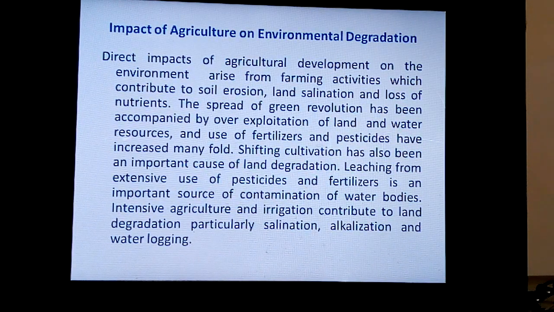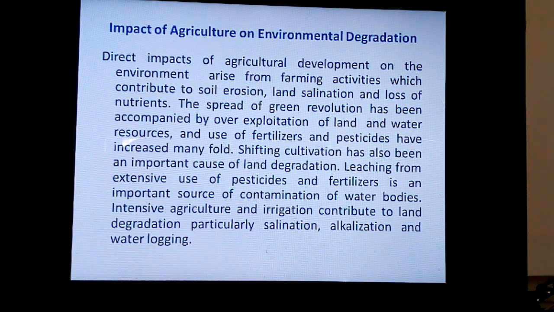Impact of agriculture on environmental degradation. Direct impacts of agricultural development on the environment arise from the farming activities which contribute to soil erosion, land salination and loss of nutrients. Means soil erosion, the topsoil will be washed away and the fertility of the soil will be decreased.